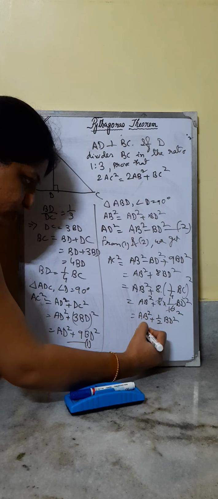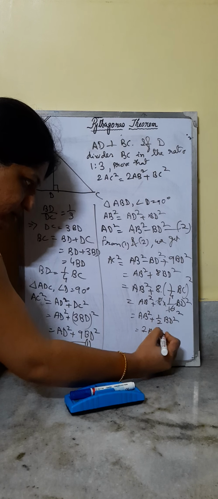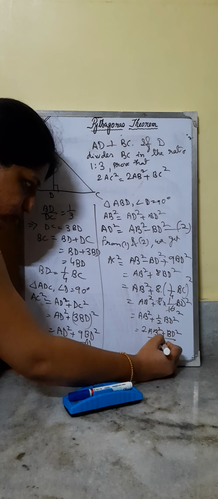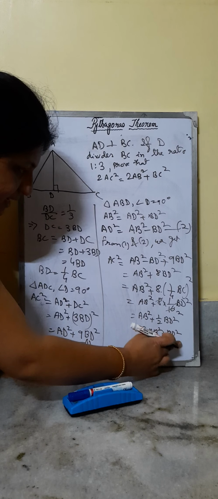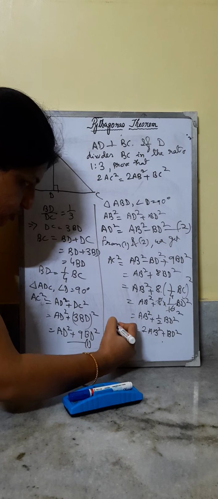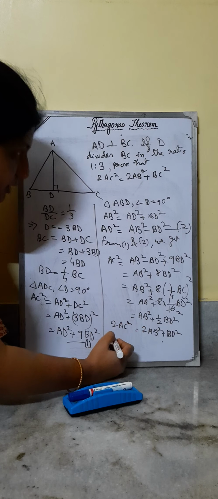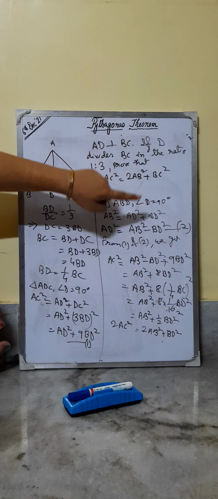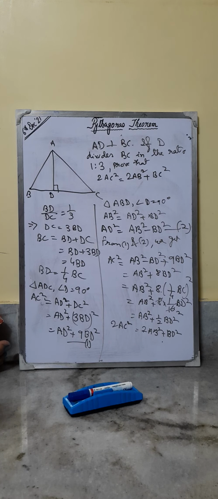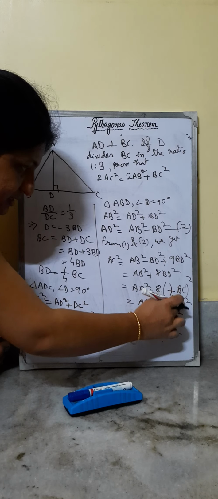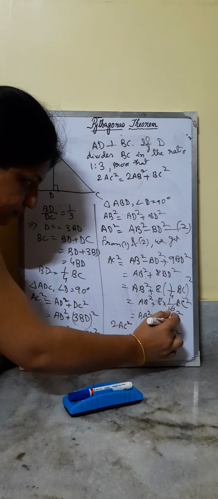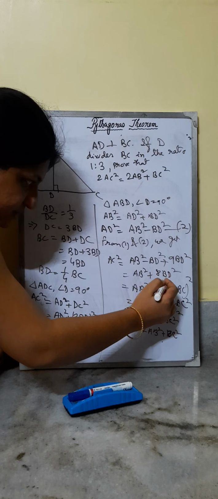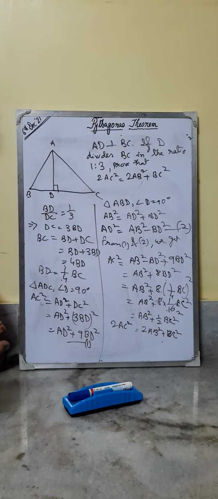Now take the LCM: 2AB square plus BC square divided by 2, and you take this 2 to this side. We get 2AC square equals 2AB square plus BC square. Sorry, here you have to write BC, because BD means 1 by 4 BC.